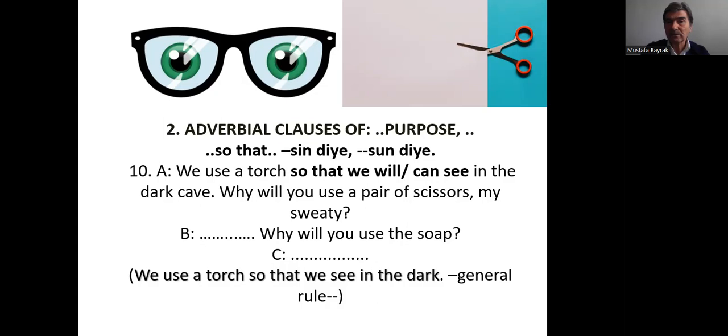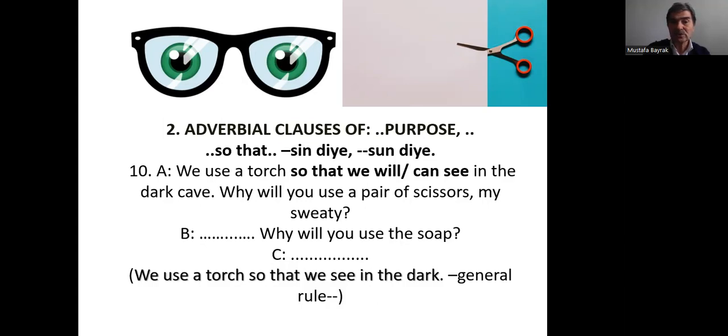My grandma says to her grandkid, I will use scissors so that I can cut some papers. Why will you use the soap? I will use the soap so that I can wash my hands.